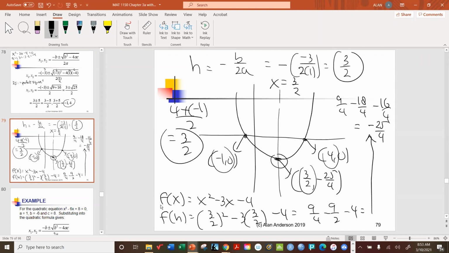In other words, if you've already calculated the solutions, you don't really need to separately calculate the axis of symmetry, because it is the average of these 2 points, -1 and 4, because those are our 2 solutions, and it has to be halfway in between them. All right, so that's what that was all about.